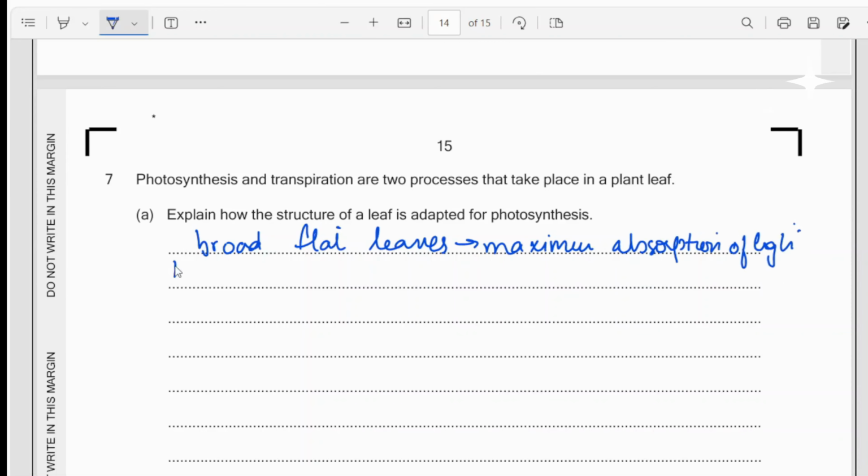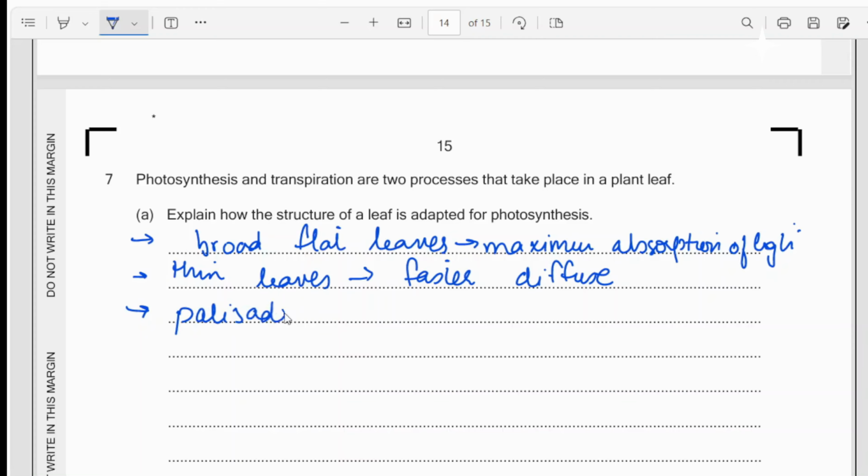Okay, thin leaves, faster diffusion. Okay, now what about the internal structure of leaf? Okay, correct. Okay, xylem cells for, and okay, what is their main function?